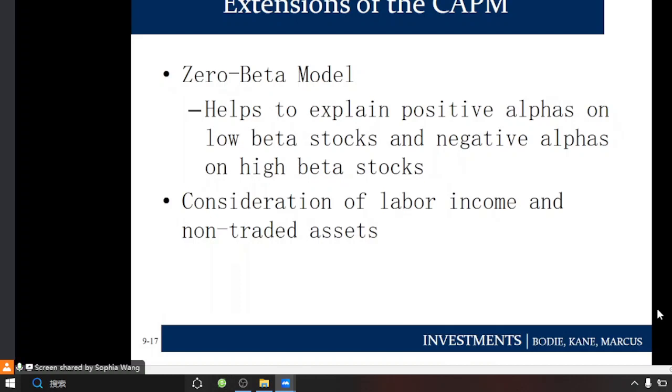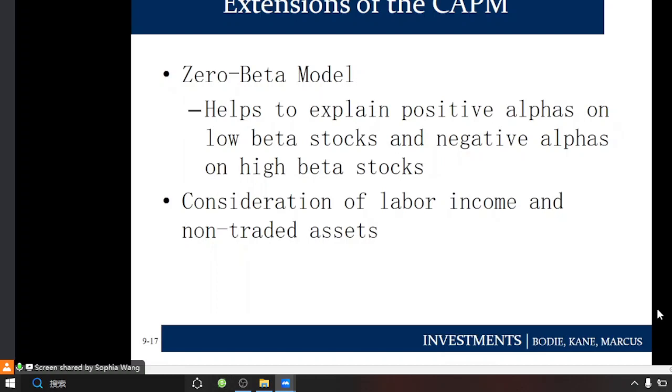Like the first one, the zero beta model, which helps to explain positive alphas on low beta stocks and negative alphas on high beta stocks. That means it extends the meaning of beta. Not only the sensitivity of the individual stock to the market portfolio, but more meaning about zero beta. So that means an extension of the beta concept. This is the first kind of extension.